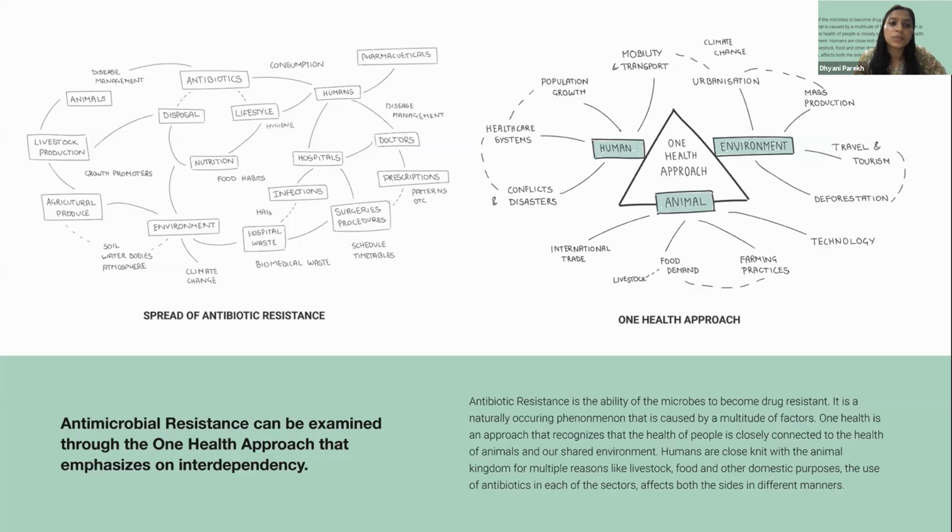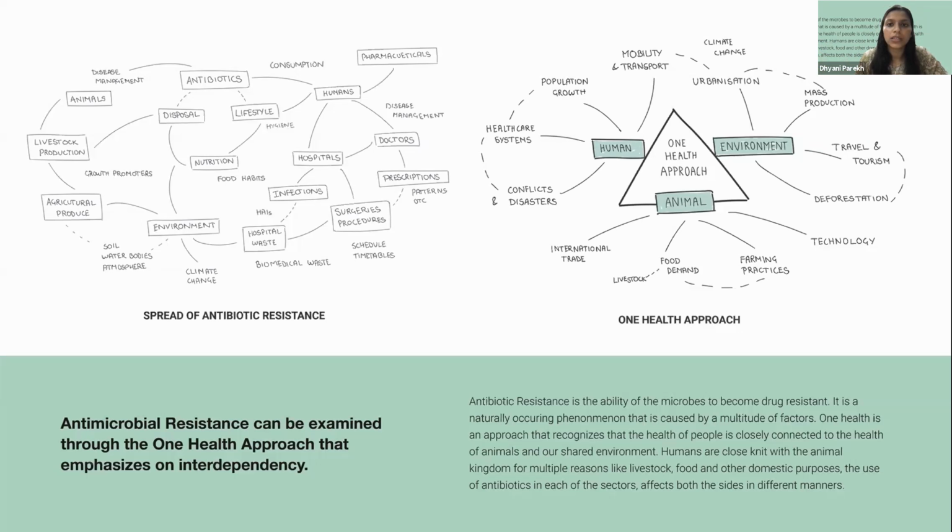So basically, when I was putting forth the spread of antibiotic resistance, I was understanding how things relate to each other. How can we relate environment to prescriptions, to antibiotics, to lifestyle, to disposal, to nutrition? And somehow this entire system, the way it functions right now, is still accelerating AMR.